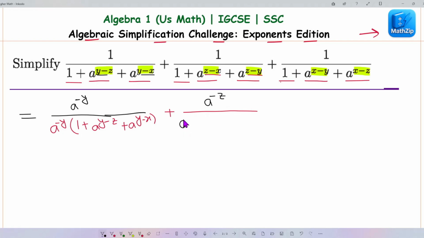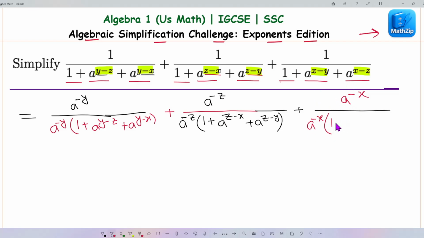So here is a to the power minus z times 1 plus a to the power z minus x plus a to the power z minus y. Plus here a to the power minus x, we are multiplying this fraction by a to the power minus x, same: 1 plus a to the power x minus y plus a to the power x minus z.